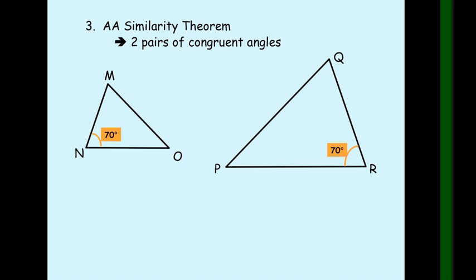Dapat parehong sides, no? So therefore, we can conclude that the measurement of angle N is equal to the measurement of angle R, or congruent to the measurement of angle R. Another, we have for O, 50 degrees, and for P, 50 degrees. So therefore, the measurement of angle O is equal to the measurement of angle P.